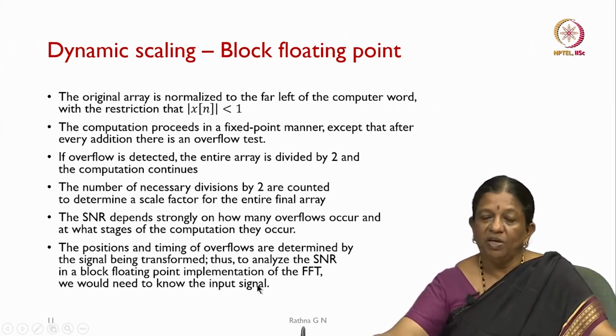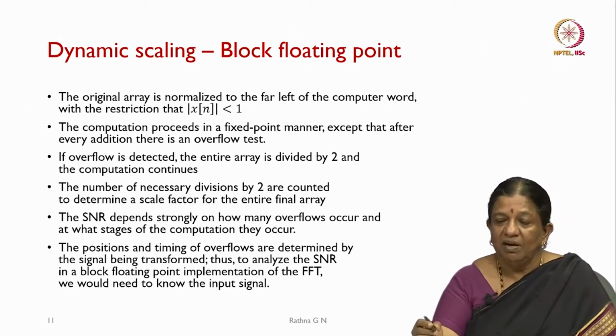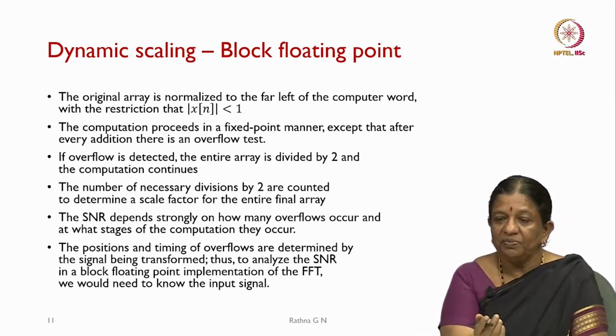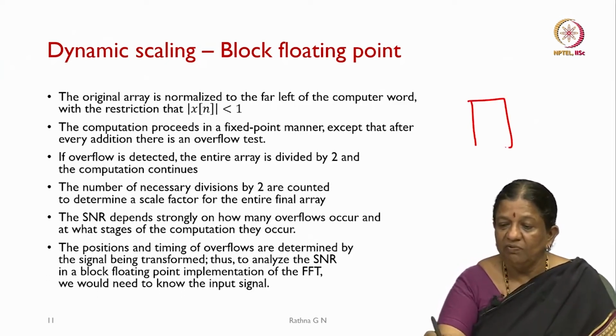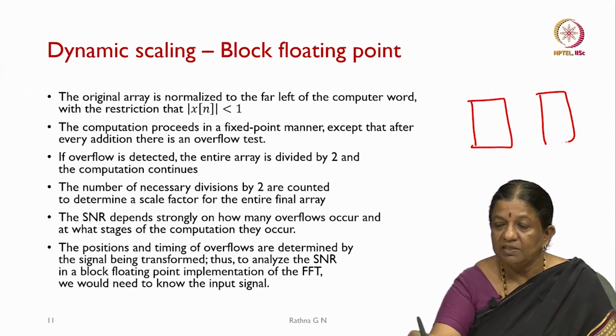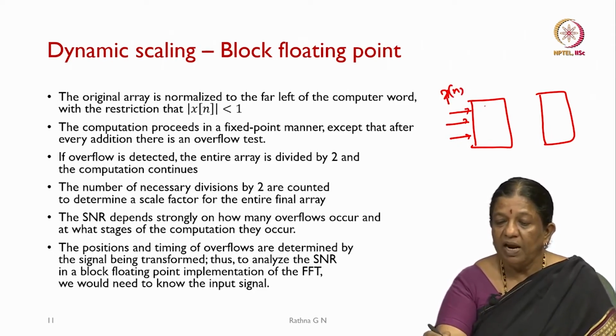When we call it block floating point, it is because we have different stages, and we know what input is required at each stage. So, we will scale this input x of n for the first stage, or I can call it x1 of n, and then keep those values here.